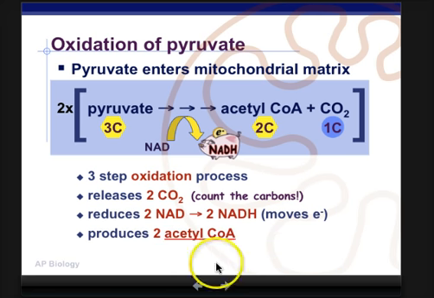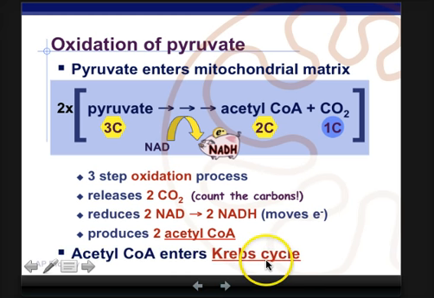And we're producing 2 acetyl CoA, 1 for each pyruvate, and then acetyl CoA is going to enter the Krebs cycle. Sometimes you'll see this oxidation of pyruvate explained as a part of the Krebs cycle, but it's important to remember that it's actually an intermediary step between glycolysis and the Krebs cycle.